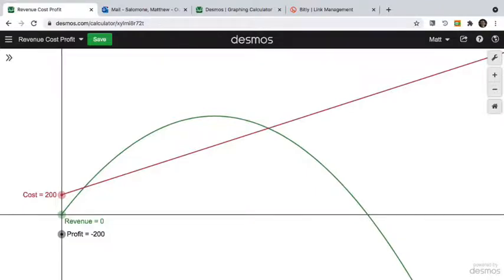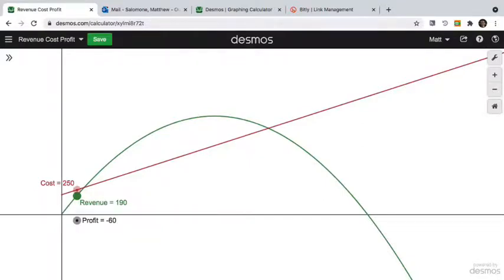So what I'd like for you to do with this graph, and do this with a group of 3 or 4, is see if you can figure out by dragging this point along the graph to try and pick different quantities to produce, right? So it's not showing us the actual X values here, but it is showing me the amount of revenue that I would get.